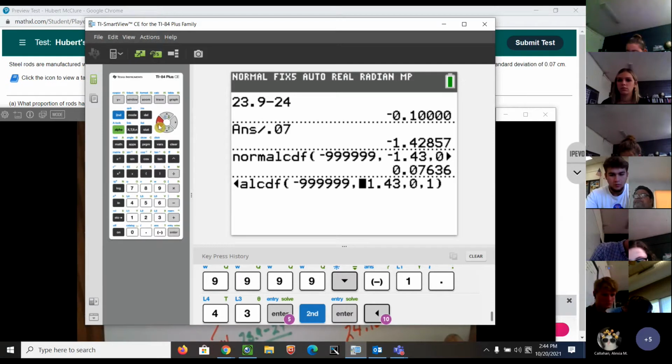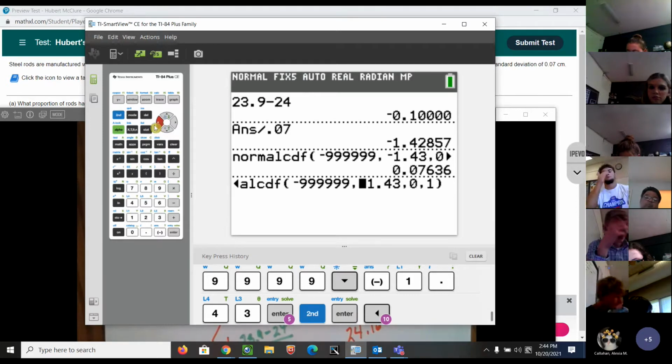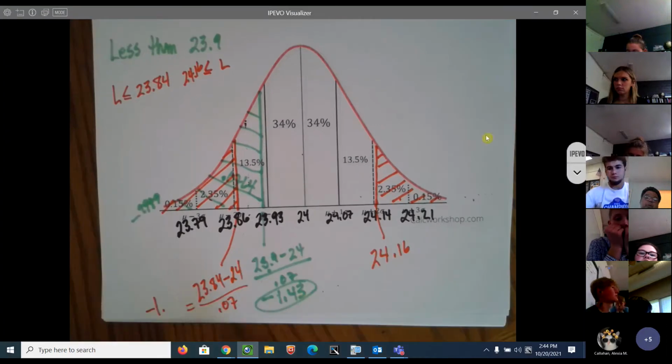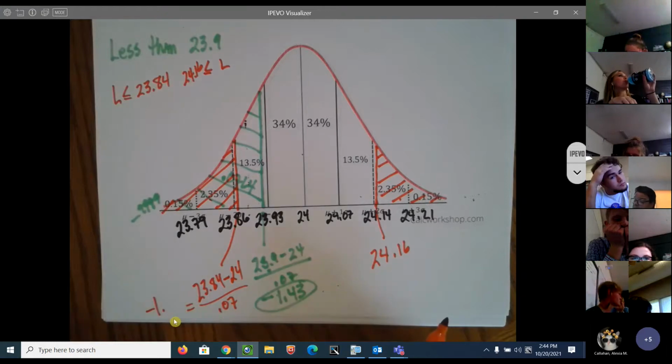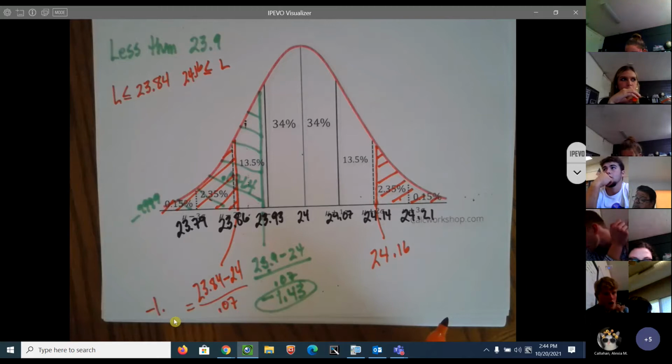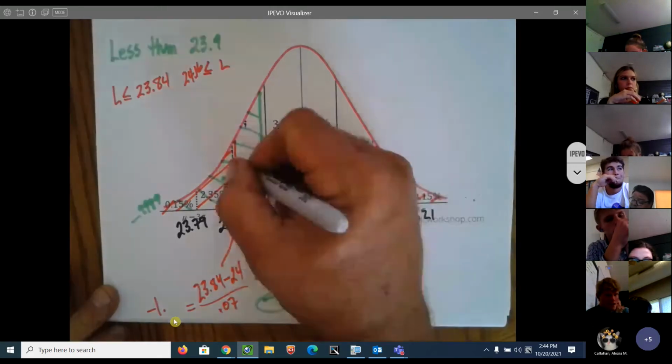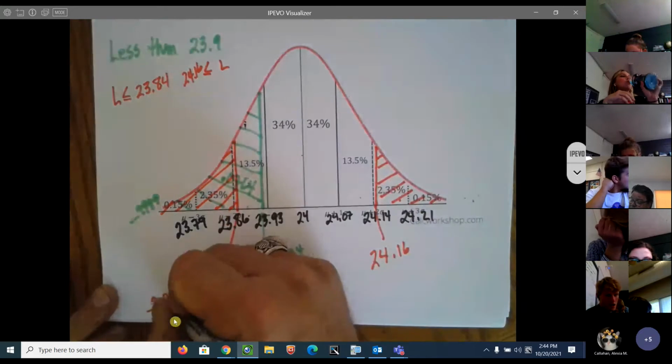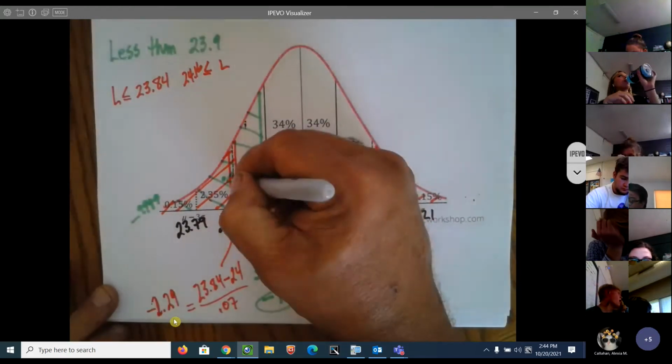What does it come out to be? Negative 2.29. Oh, I got it on the wrong side. Okay. Negative 2.29.